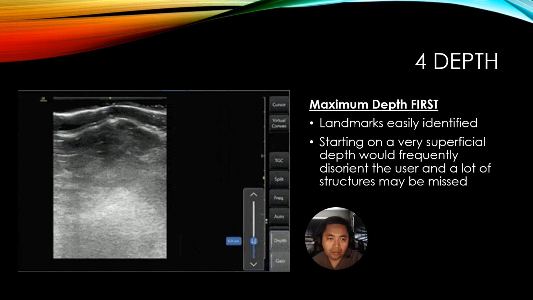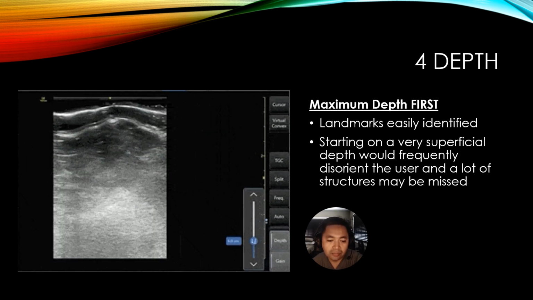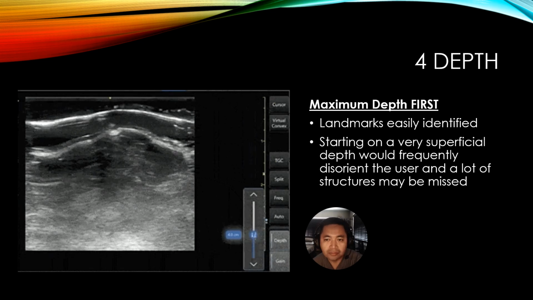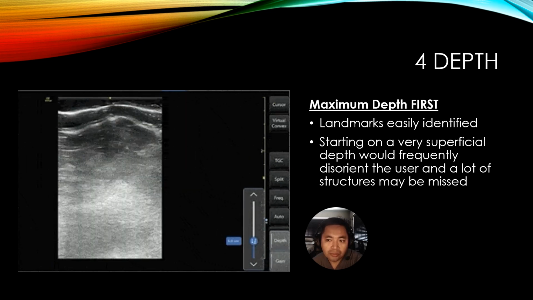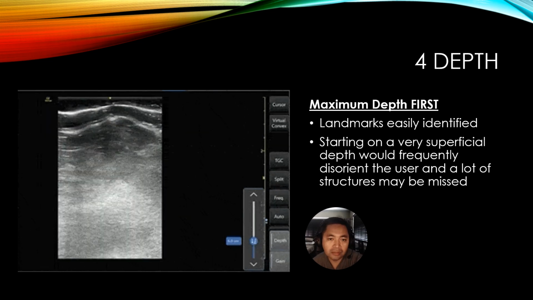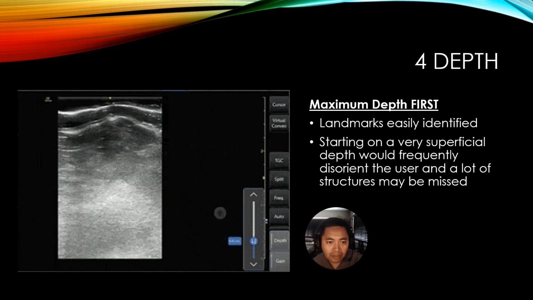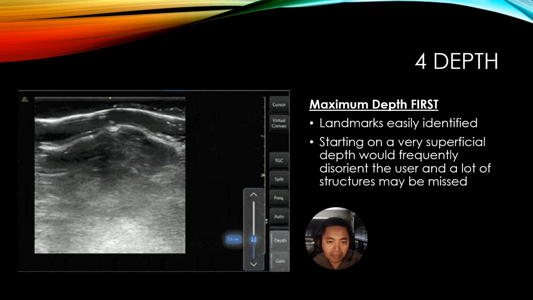A good rule of thumb to use is to start scanning using the maximum depth at first. Landmarks would be more easily identified in a deeper scan, and starting the scan with a very superficial depth would frequently disorient you, and a lot of structures may be missed.